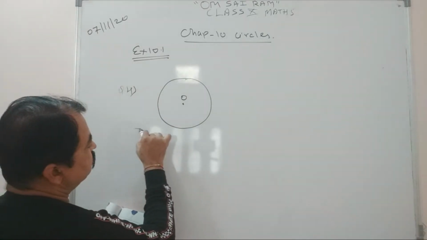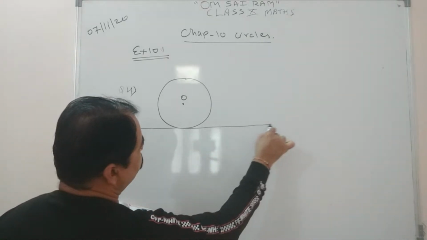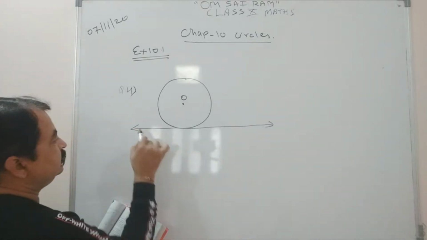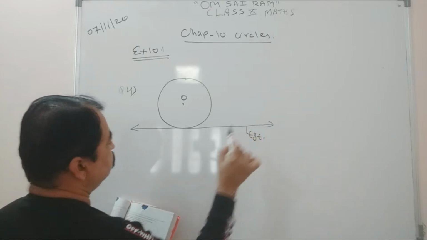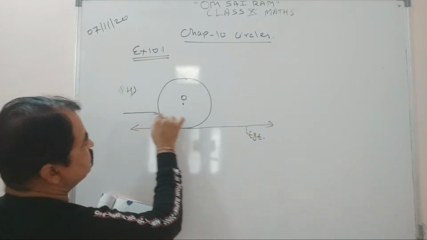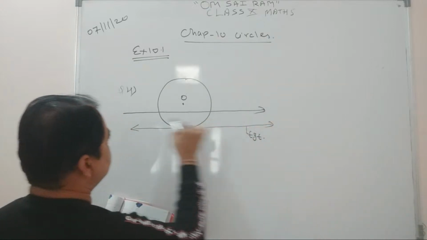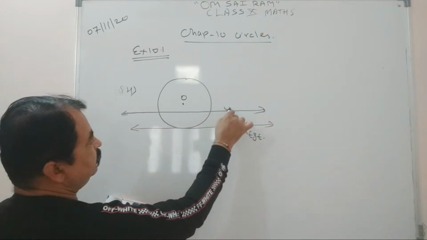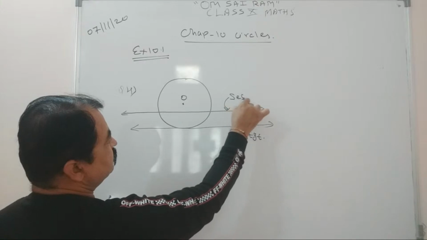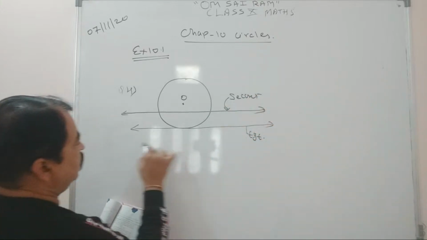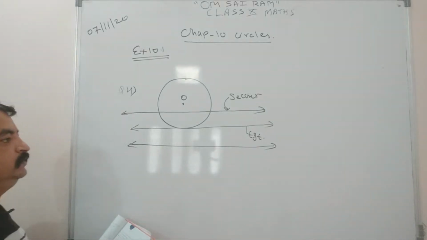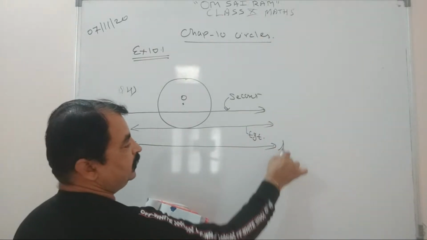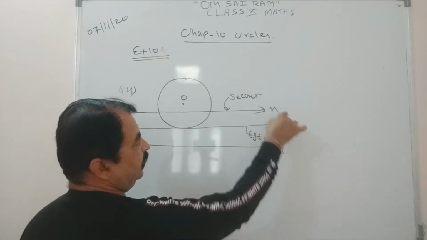So see, children, you will draw this one line. This line is called the tangent, children. And this line is called the secant, children. Take one more line outside the circle. I'll name the line as LMN.